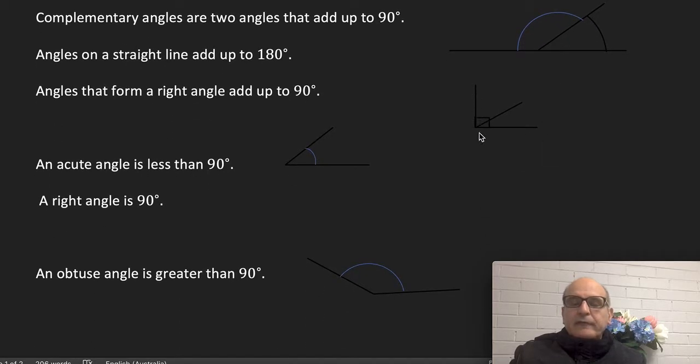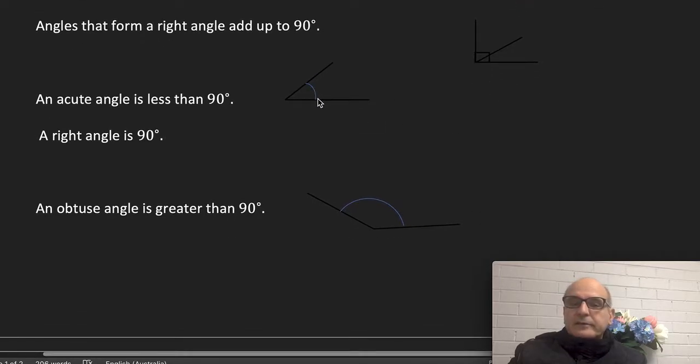Then if you have two angles making up 90 degrees, and they give you a shape like that, whatever this angle is, plus whatever this angle is, they add up to 90 degrees because we have a total of 90 degrees here. For example, if it was 30, that would have been 60. Altogether, it must be 90.